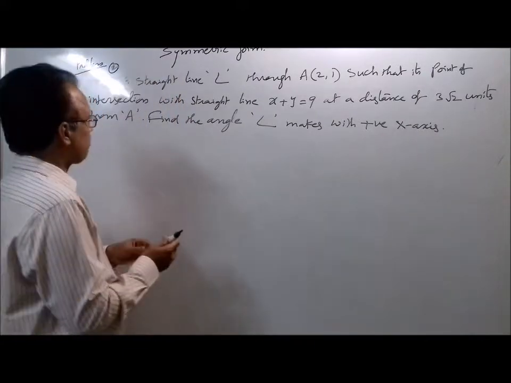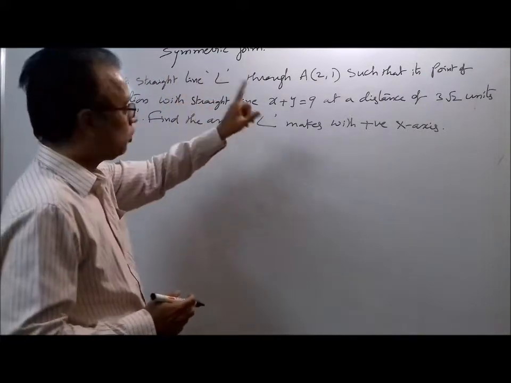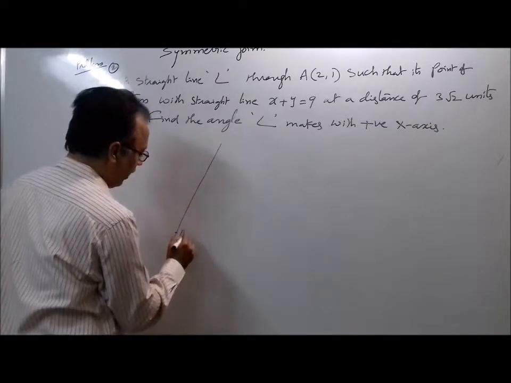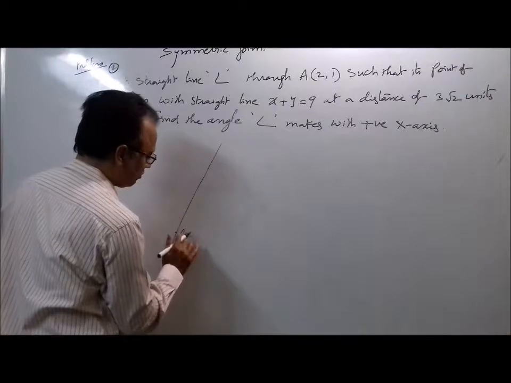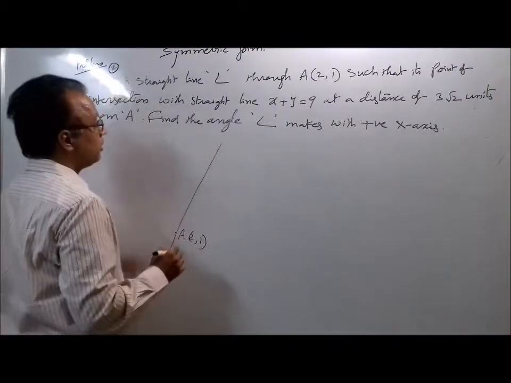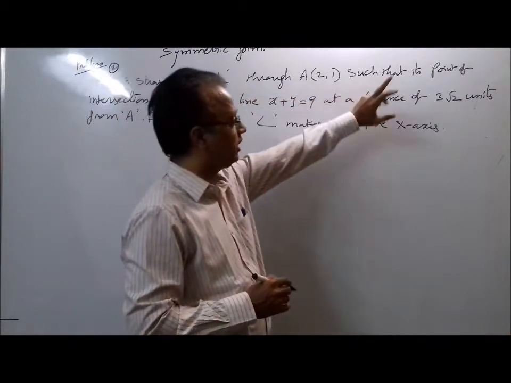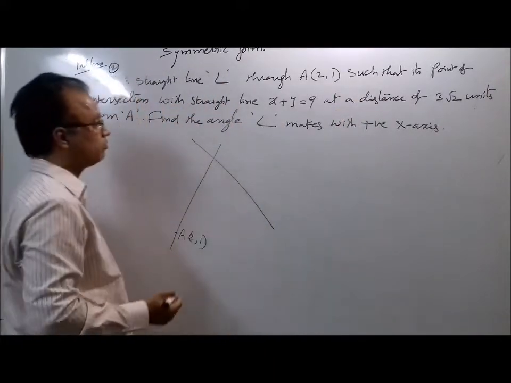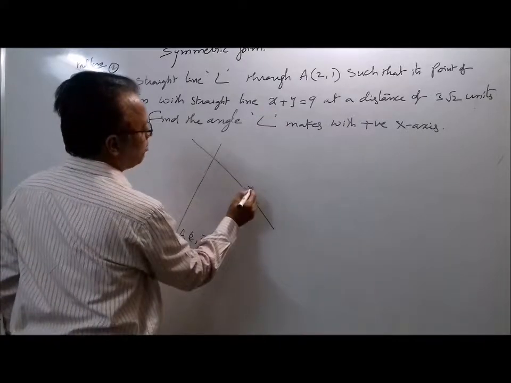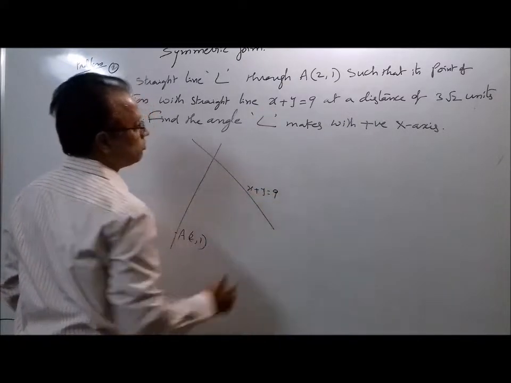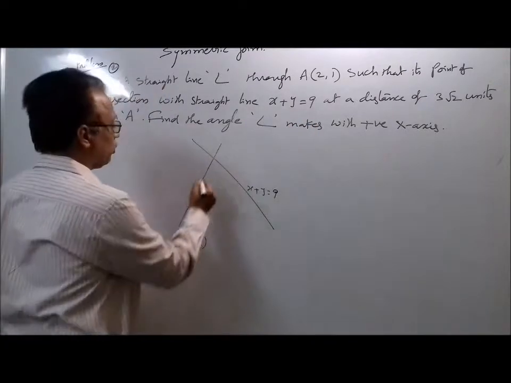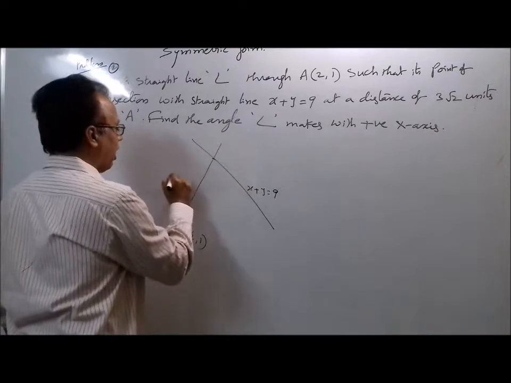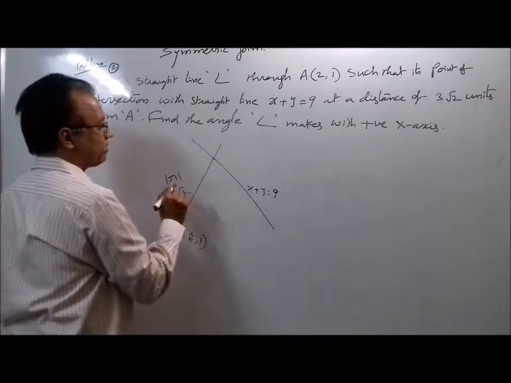Suppose this is a line through A (2, 1), and suppose there is another line, x plus y equal to 9. The distance was given as 3 root 2, so r is equal to 3 root 2.